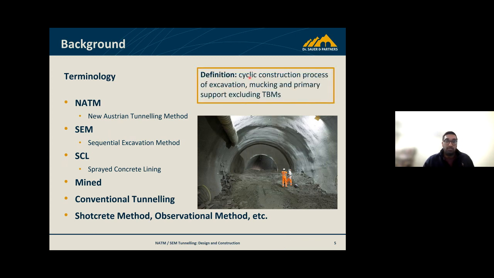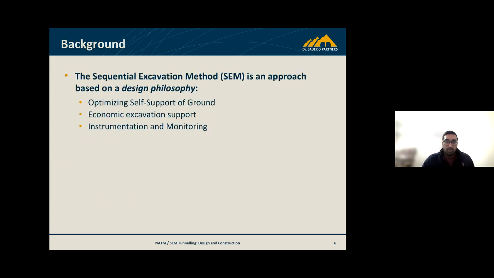The definition kind of points to it being a cyclic construction process of excavation, mucking, and primary support, excluding TBMs. So the SEM is an approach based on a kind of design philosophy. It's optimizing the self-support of the ground and economic excavation support.